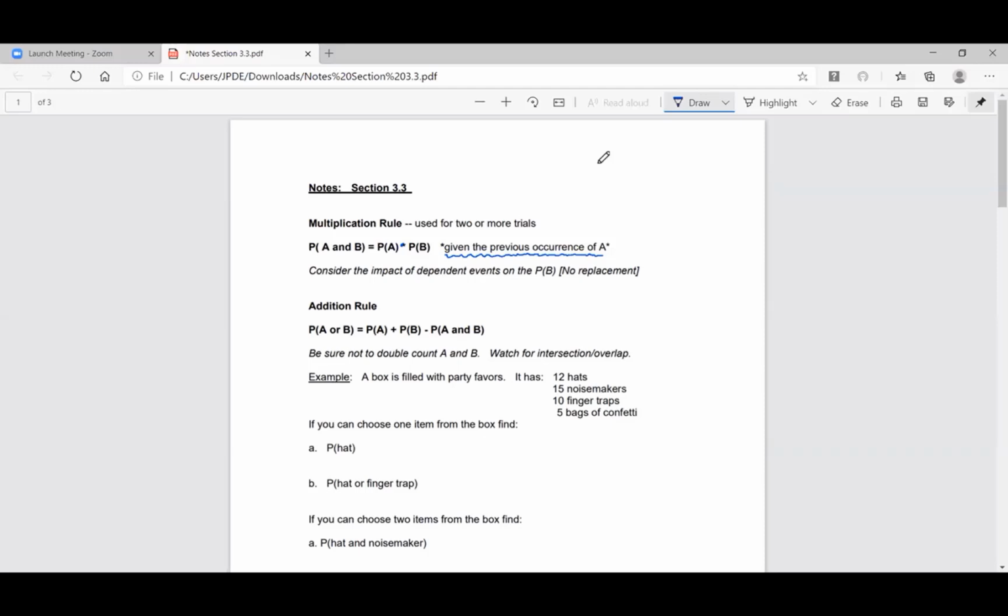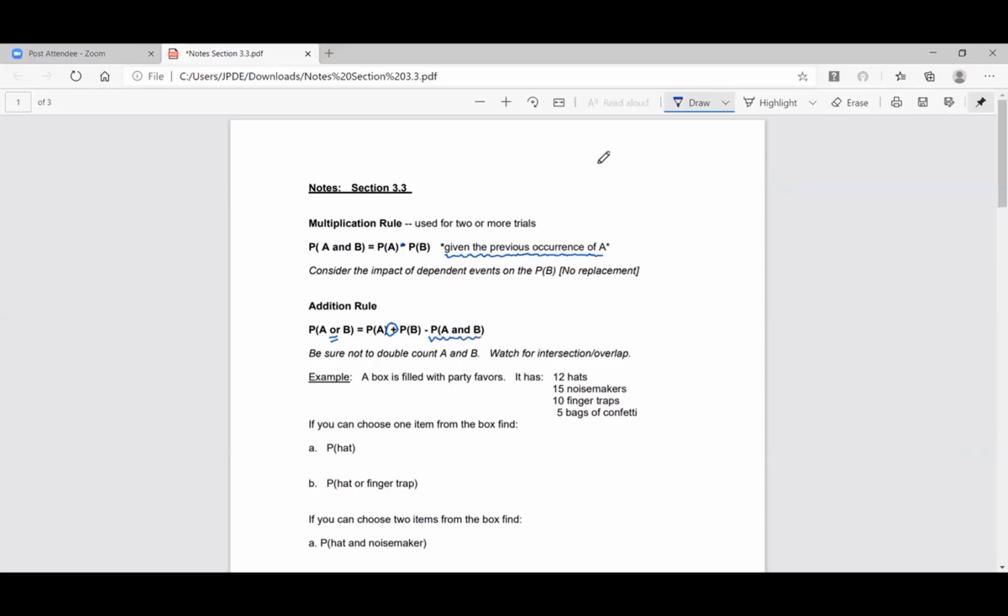So the next thing that we'll look at is the addition rule. And the addition rule, we will get more into this when we start working with tables. But the addition rule, if you have the word or, you want to add the two probabilities together. And this part here, right now in this section, it's not going to make a lot of sense.